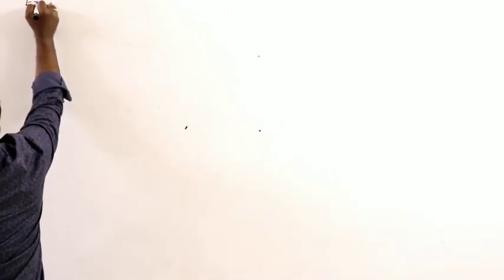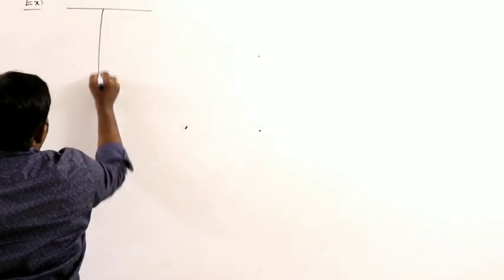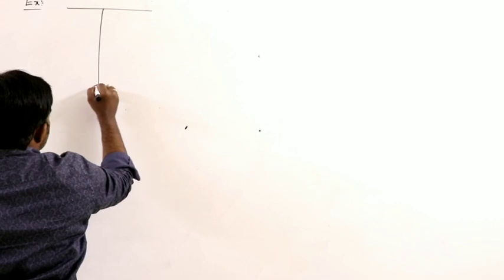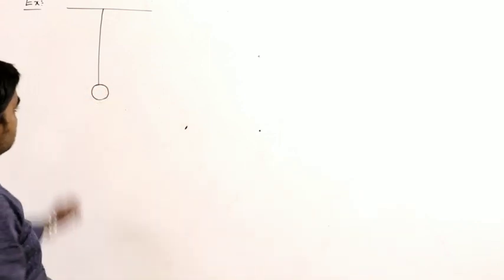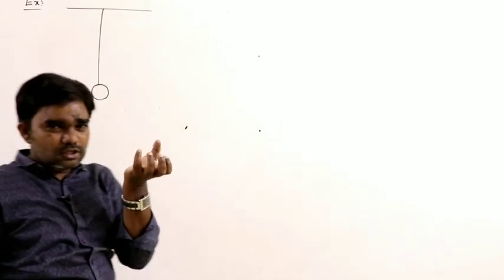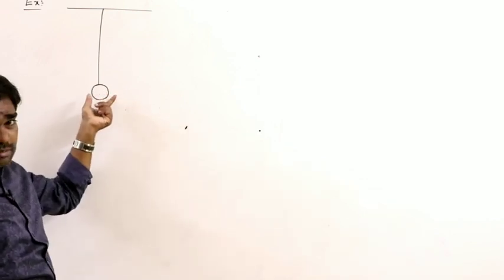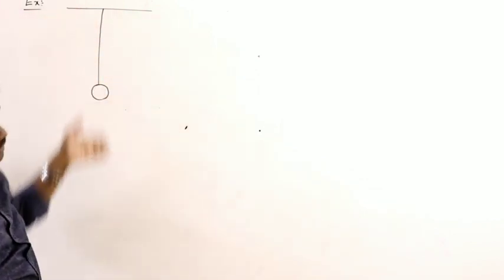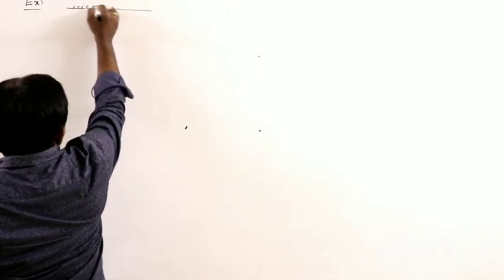So next, one more example. Not an example, this is one of the applications of resolution of vectors. Let us say a pendulum or a bob, a small mass, is hanging from a rigid support with the help of a string.